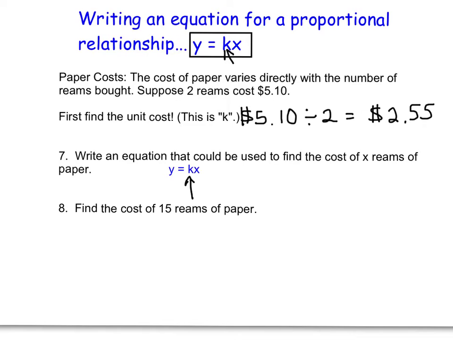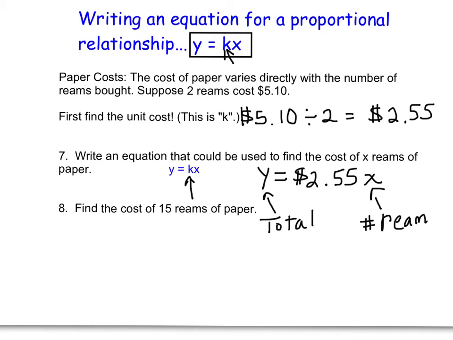So my equation is going to be y equals $2.55 times x, where y represents the total cost and x represents the number of reams of paper. So this is my equation right here.